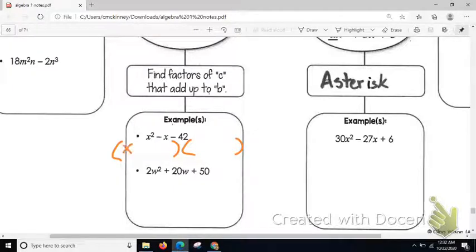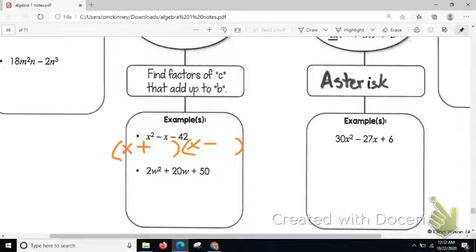They each get an x, so that we get that x squared, one plus, one minus, and then I need to think what multiplies to be 42. So I need two factors of 42, and they're different, so they actually subtract to make this 1 in the middle.